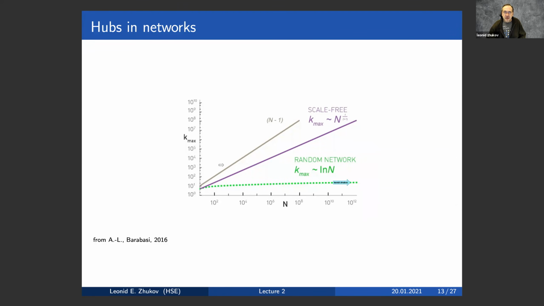Now, why would I put n-1 here as a reference for the maximum node degree versus the size of the network? What kind of network will have the largest node degree n-1? Complete. I'm sorry, say it again. Complete network.